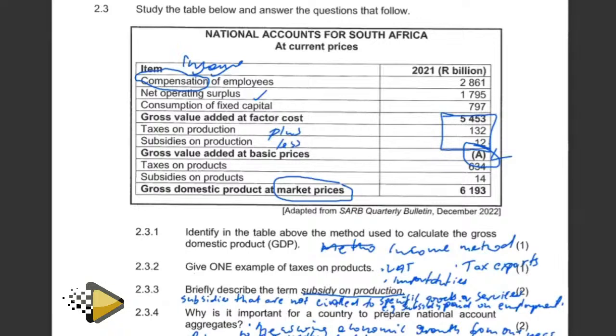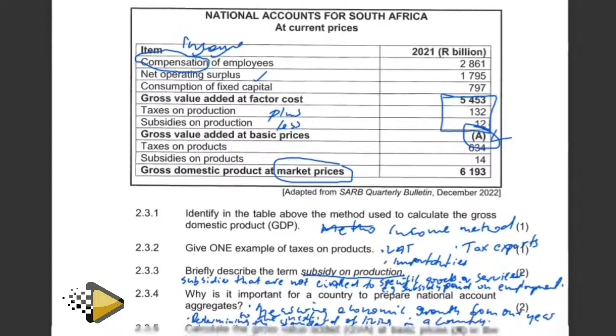So in short, we have 5,453 plus 132 minus 12, and this takes us to 5,573 billion.